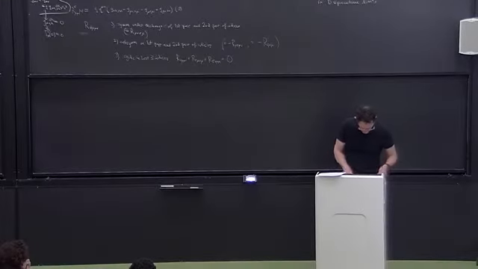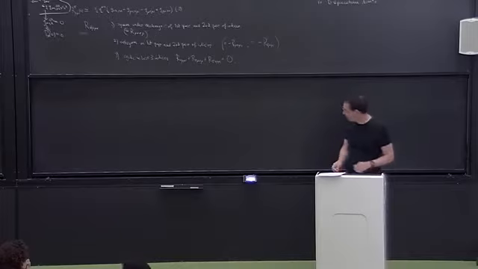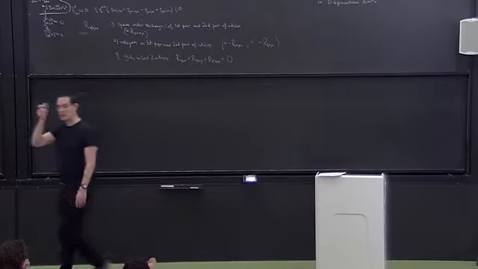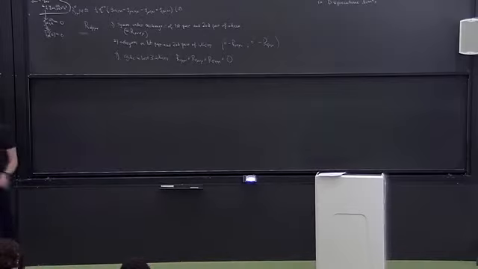Okay, so now we will continue. So I think I used one of these symmetries yesterday. I used the fact that Riemann was antisymmetric on the first pair and the second pair of indices.